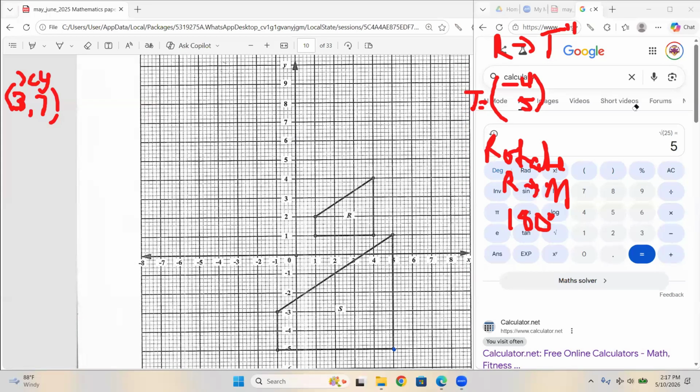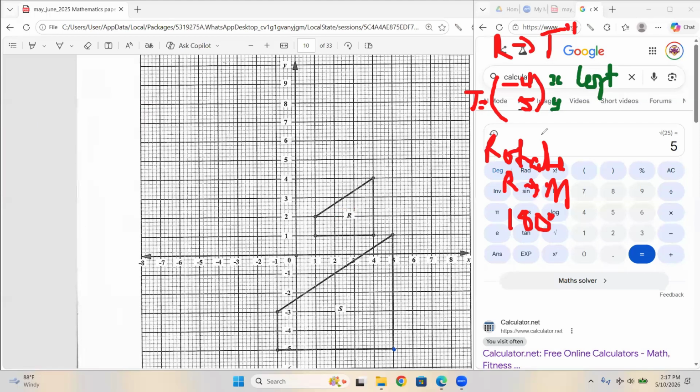So they said to take R and translate it to T. Okay, so on a graph like this, we have R over here, right? I hope, because I know it's been a while since we have done transformation. The first number is for X, the second is always for Y. When X is negative, you go left.